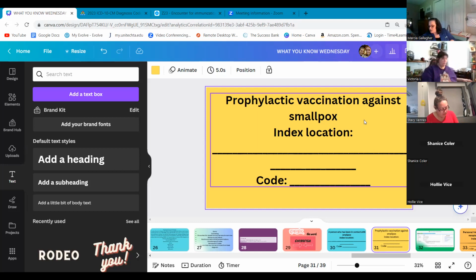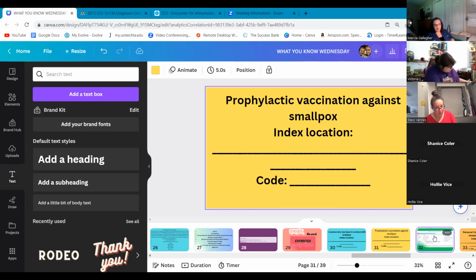Code first any routine childhood examination. Here's the problem with the Z code stuff that we're doing, is they don't give us enough information. All that we need to be able to find is exactly where these codes are found. So if we're doing an encounter for an immunization, this is where we're going to go, in the Z23 area.